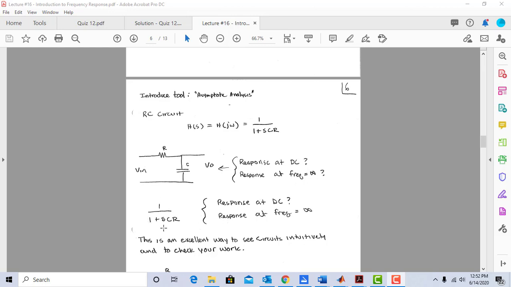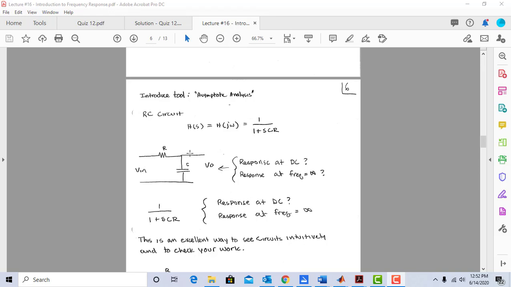Then you're going to look at the transfer function you derived, which hopefully represents the circuit, but you might have made an error. And you're going to do the exact same thing. What's the response at DC? What's the response at infinite frequency? If those two things agree, you have a nice warm and fuzzy about your solution, though you're not guaranteed it's right. If they disagree, you are guaranteed that it is wrong.